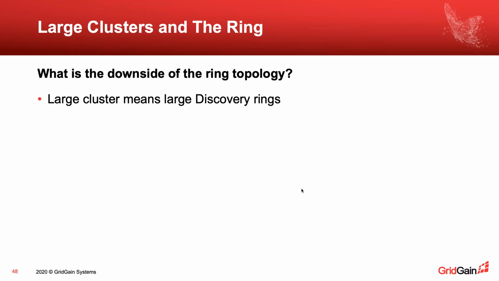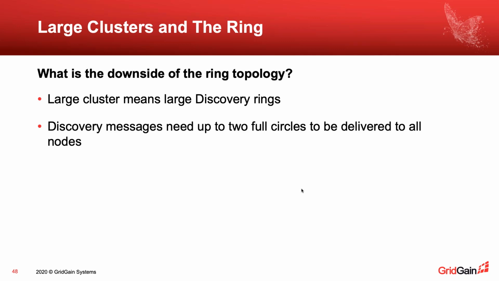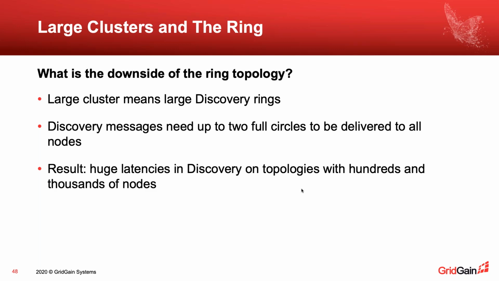If you have a large cluster, say 1,000 nodes, sorry, you will have a ring with 1,000 elements. And it means that the latency in that ring will be multiplied by the number of the nodes.